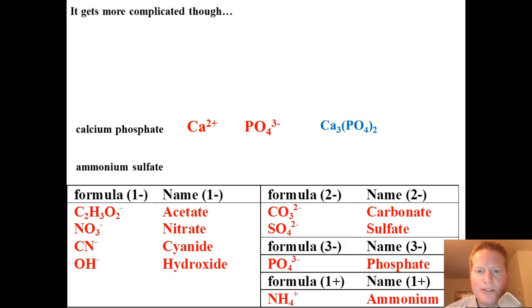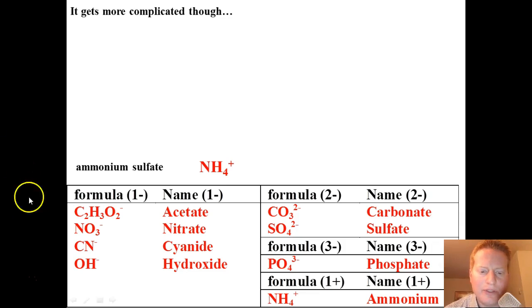Okay, so let's take a look at our last one here. So ammonium is actually from this list. Ammonium is a polyatomic cation, and here it is down here. And we're also looking for sulfate. So here is sulfate, SO4 2-. Okay, now how do we put these together? Well, this is a 1+, this is a 2-. So we actually need 2 of this chunk to cancel out 1 of this 2- chunk.